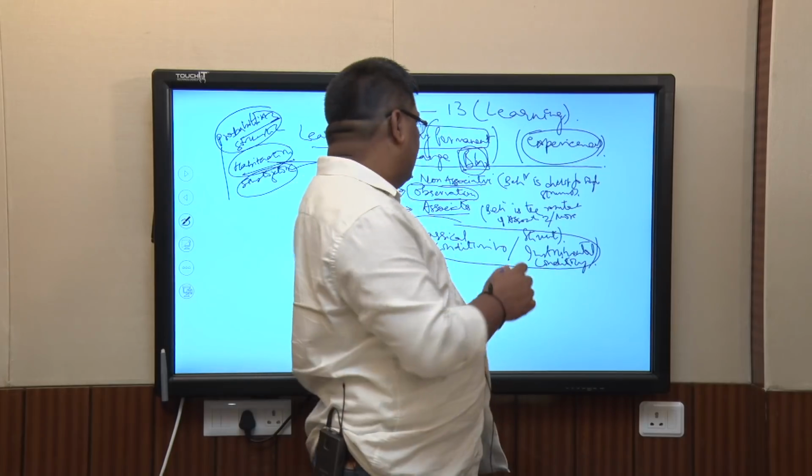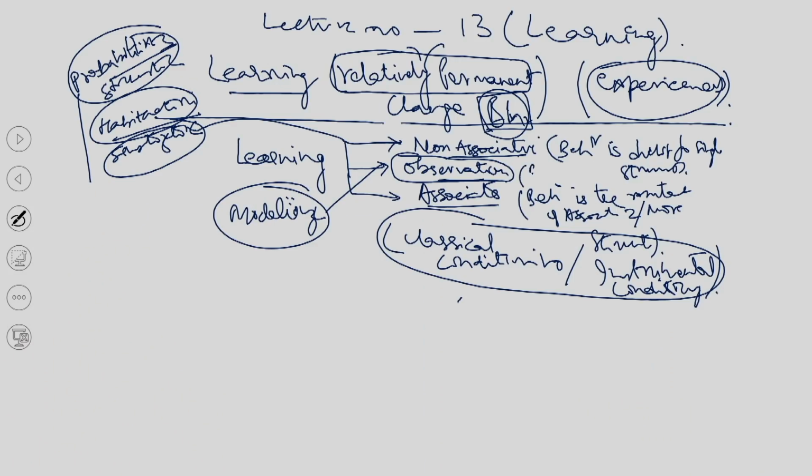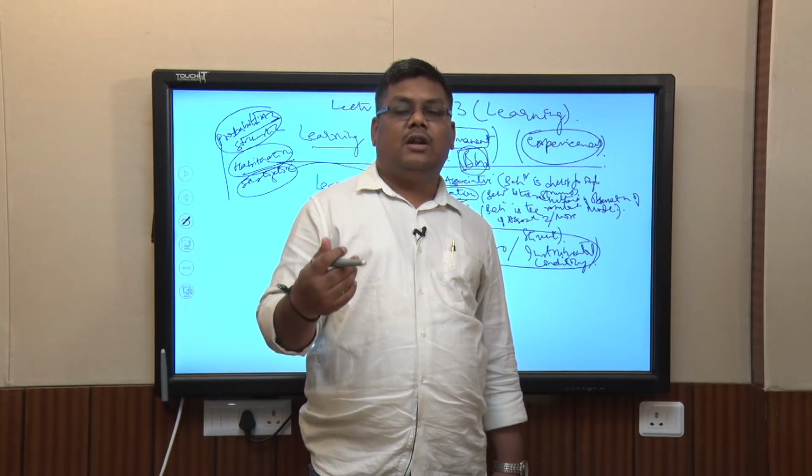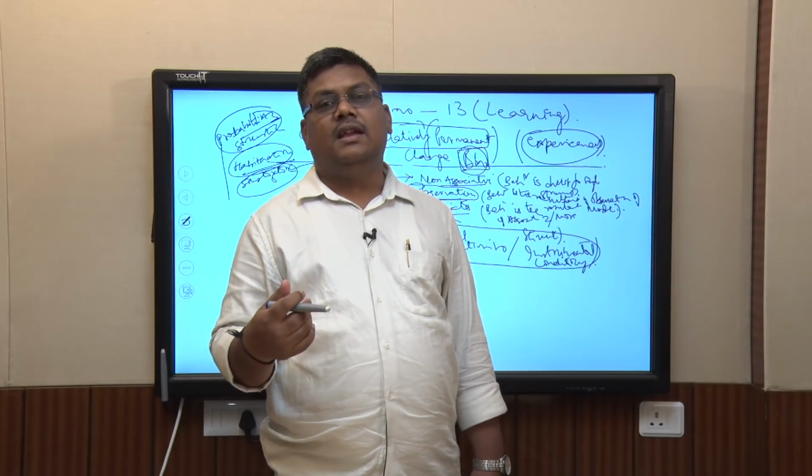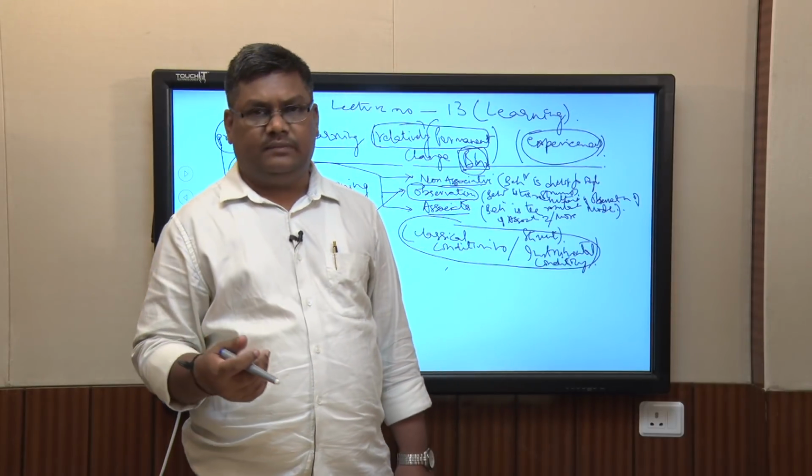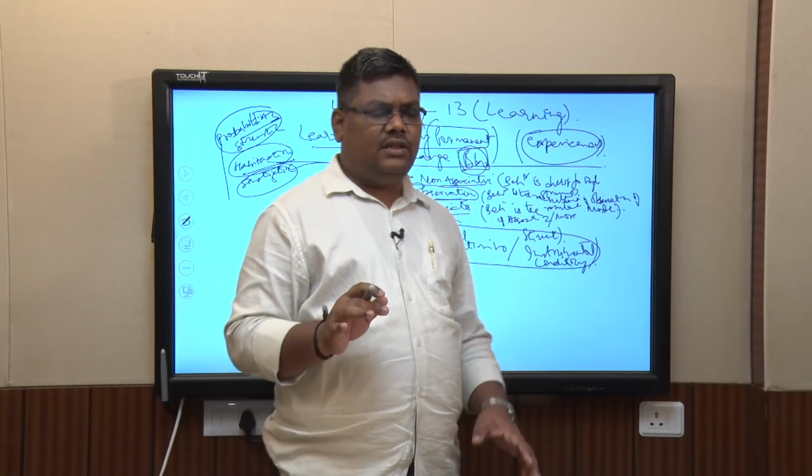As I said, in observation learning, behavior is the resultant of observation of models who are doing that kind of behavior. This kind of learning happens when somebody sees a model or a person demonstrate that behavior, and if that behavior is rewarded in a particular way. So, this is the distinction of the three kinds of learning.